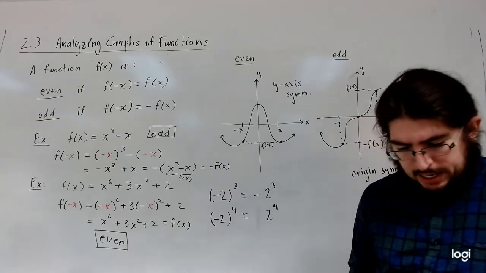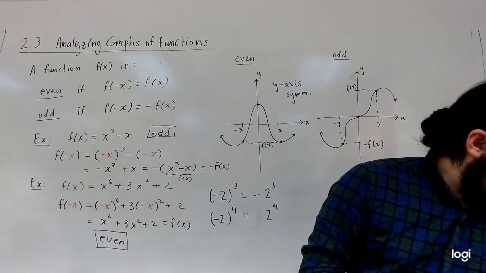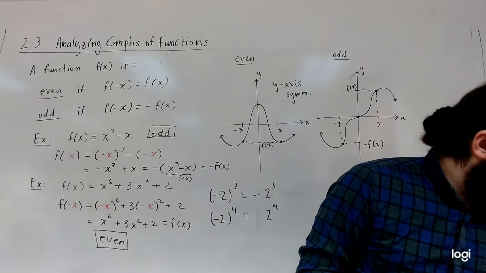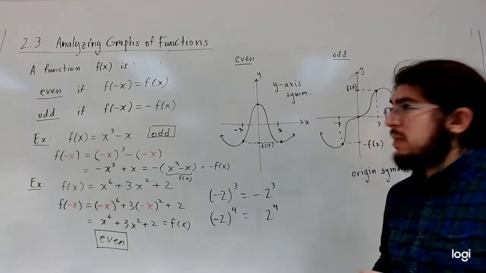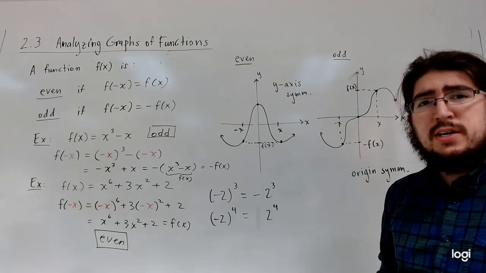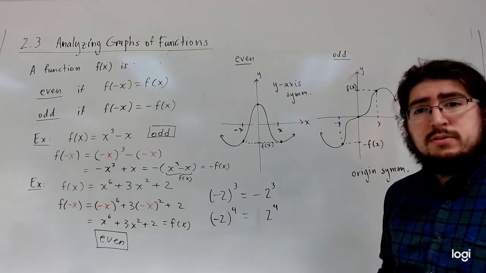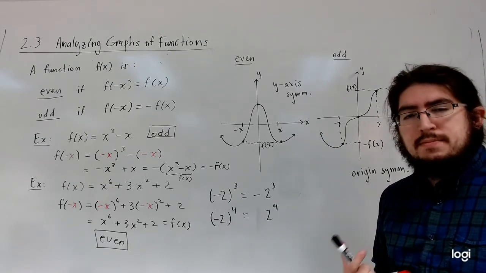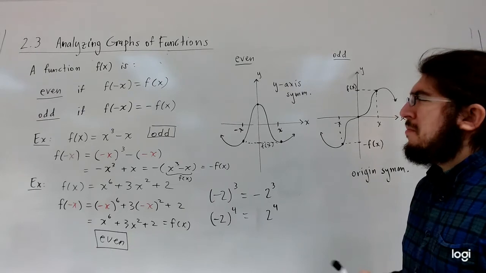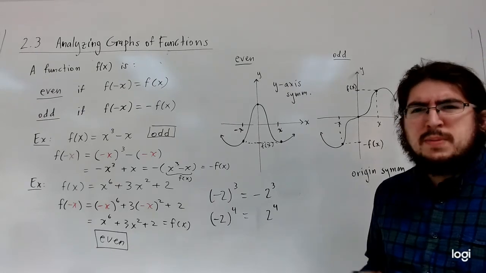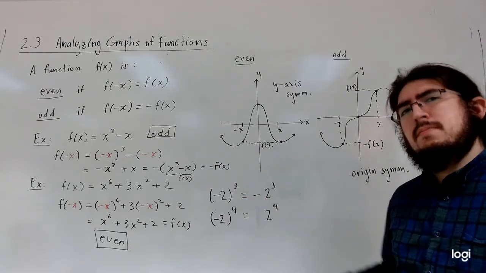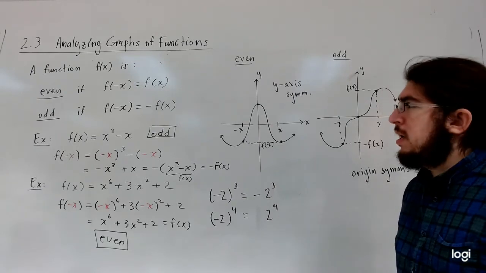Okay, and I believe that's the last thing I wanted to talk about as far as 2.3 is concerned. Really the biggest thing here was zeros, because we'll be using that vocabulary a lot later on. Max, mins, increasing, decreasing don't come up too often. Even and odd will come up later, way later on.